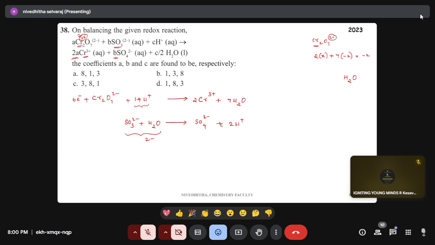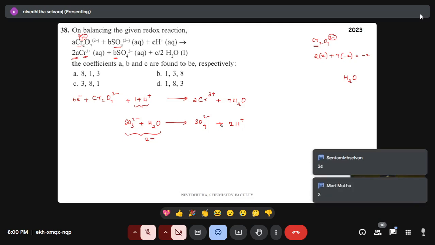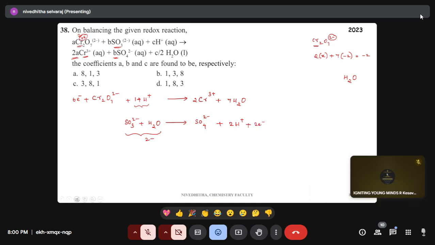So how many electrons do we have to add? On the left side we have 2 negative charges, and the right side charges also have to match with the reactant side. So we have to add 2 electrons, right? So to the product side I'm going to add 2 electrons. That's it. So the oxidation reaction is also balanced.